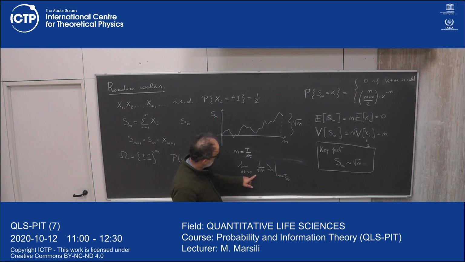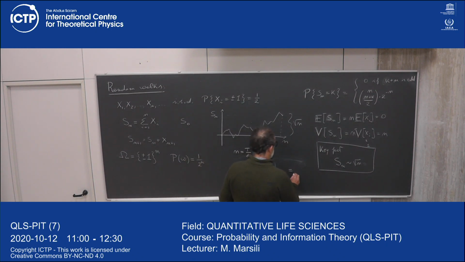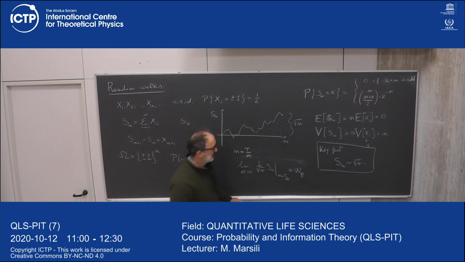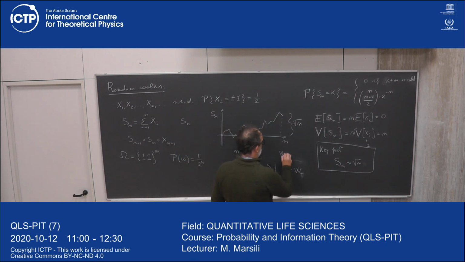Well, if t is fixed, then n goes to infinity, and this variable Sn, which is a binomial random variable, because of the Moivre-Laplace theorem, converges to a Gaussian random variable, and so in this way you can define a random variable that depends on a continuous time t, and this is called the Wiener process.